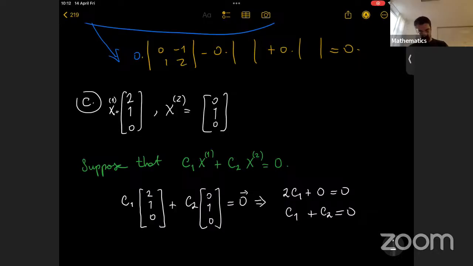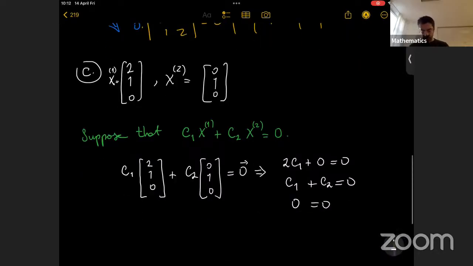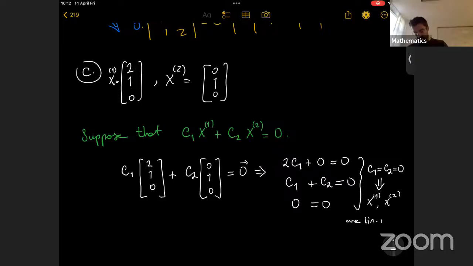The last row will give you 0 is equal to 0. So from this, C1 and C2 are 0, right? C1 is equal to C2 is equal to 0, which implies x1 and x2 are linearly independent. Okay. Any question?